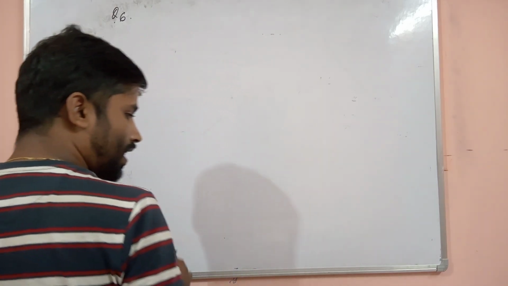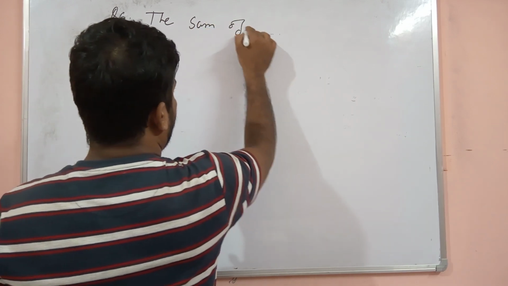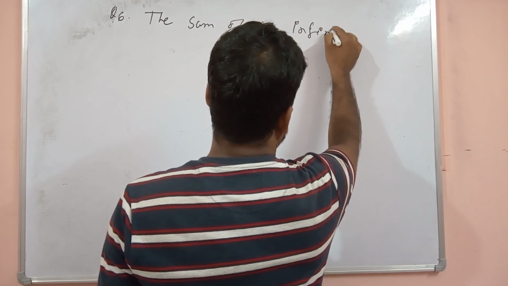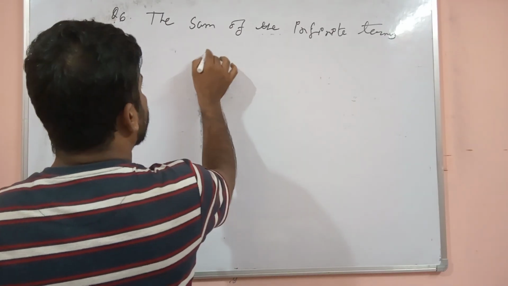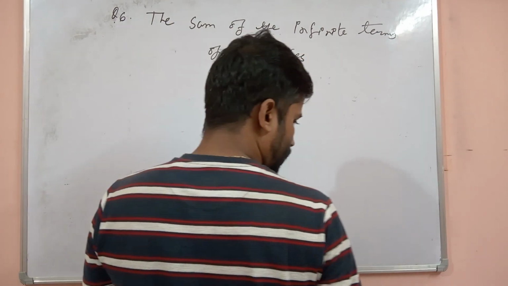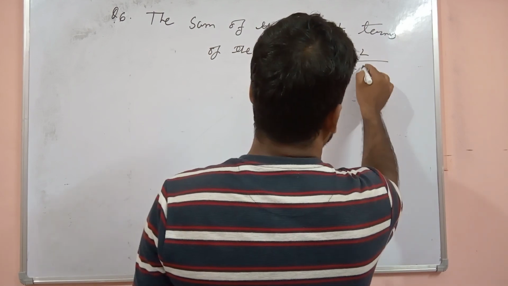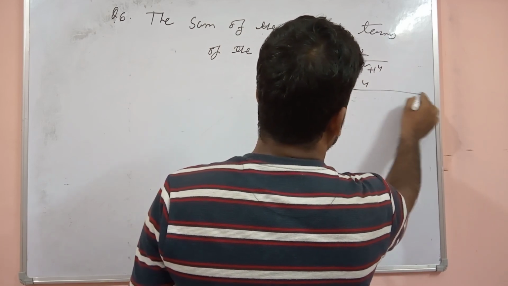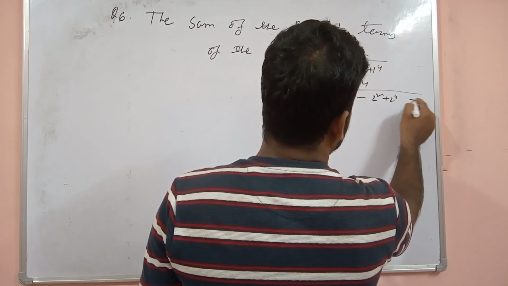The sum of the infinite terms of the series tan inverse 2 by 1 minus 1 square plus 1 to the power 4, plus tan inverse 4 by 1 minus 2 square plus 2 to the power 4, plus dot dot.